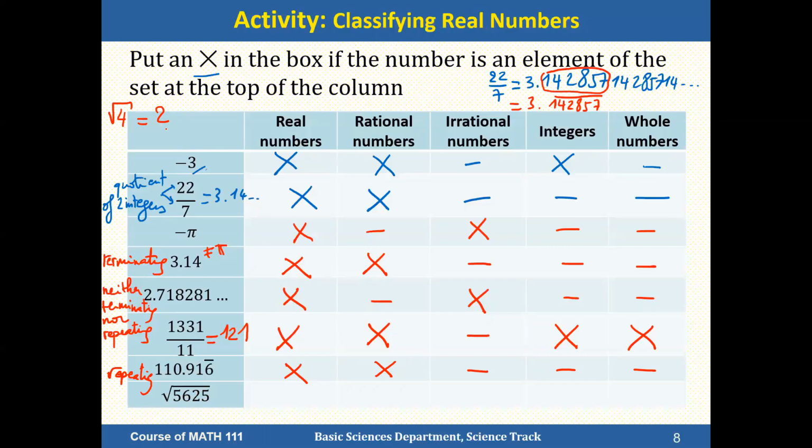So what about square root of 5625? Using a calculator, this is equal to 75. So this is a whole number, it's an integer, it's not irrational, it's rational, and it's a real number.